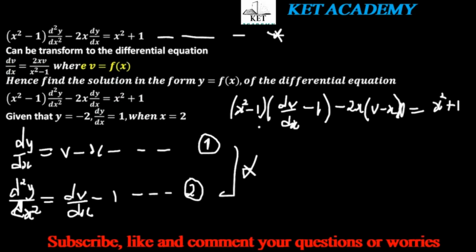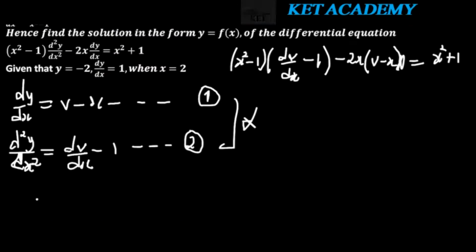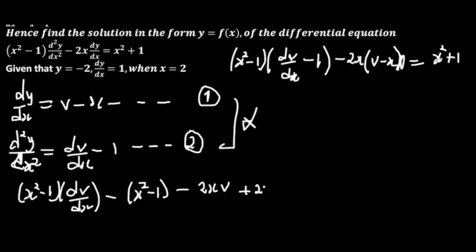So to do that, we are going to open our brackets. So we are going to have x squared minus 1 times dv over dx, now minus in bracket x squared minus 1, minus 2xv plus 2x squared. So this will be equal to x squared plus 1.